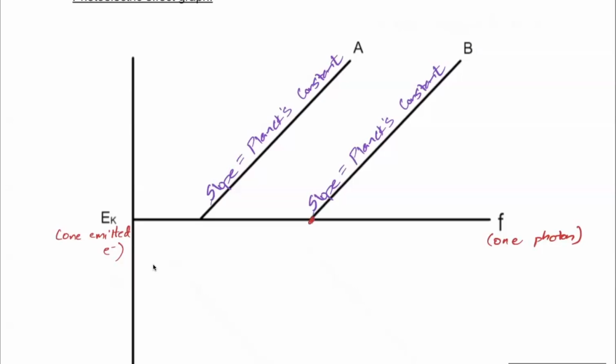So like right here, knowing that on the y-axis, we have kinetic energy. On the x-axis, we have the frequency of one photon.